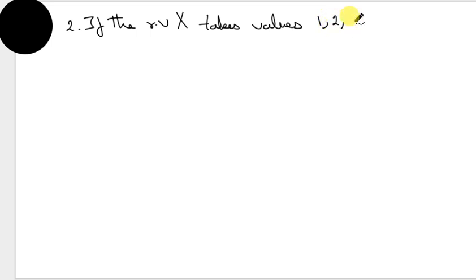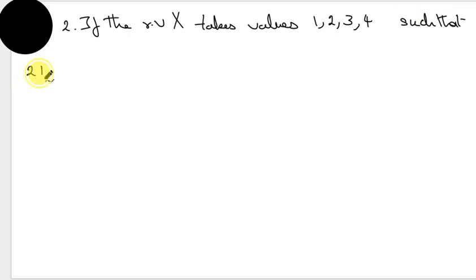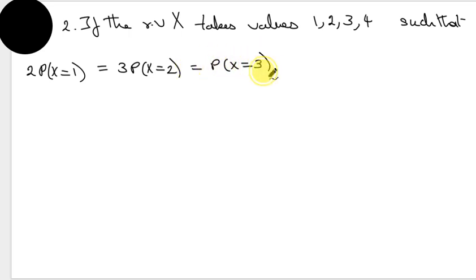Moving on to the second question. If the random variable X, always a random variable is given by a capital letter, takes values 1, 2, 3 and 4 such that a relationship is given: 2 times the probability of X equal to 1 equals 3 times the probability of X equal to 2 equals the probability of X equal to 3 equals 5 times the probability of X equal to 4.